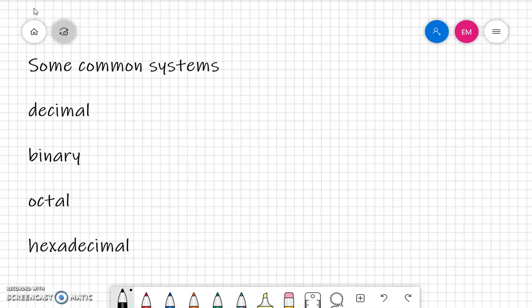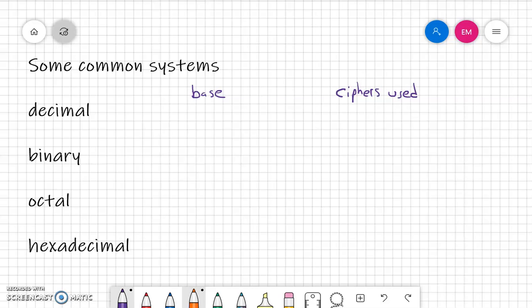This will make a little more sense in a moment, but we'll talk about how many ciphers are used in a binary system. There are octal systems, there's hexadecimal systems. In fact, we could come up with many different systems to talk about.